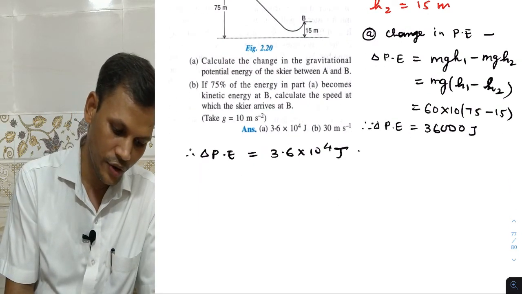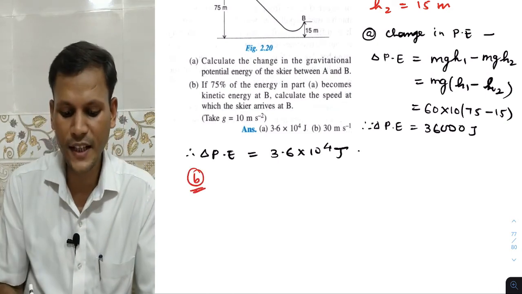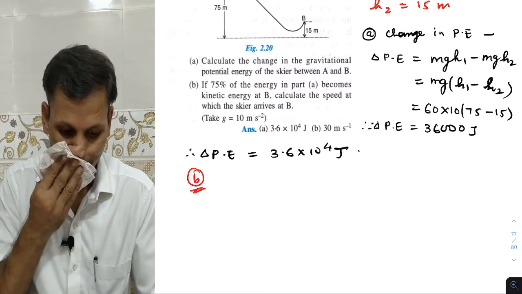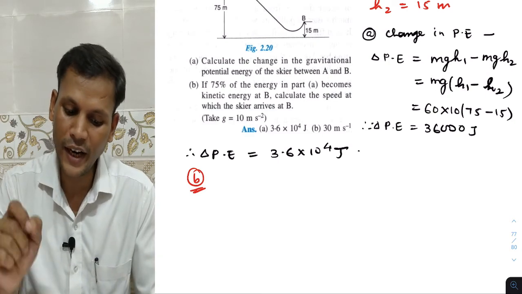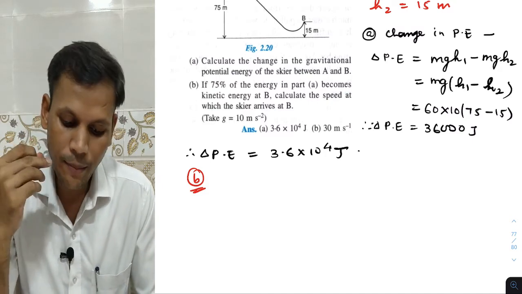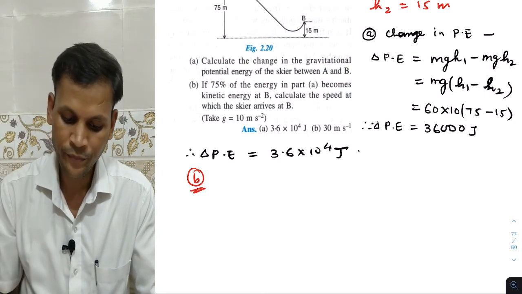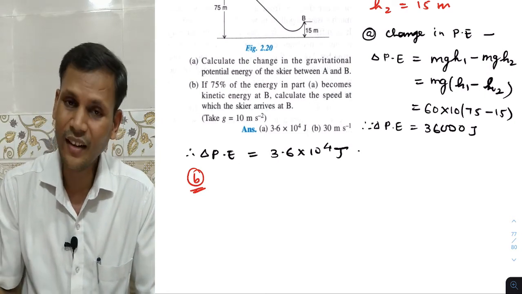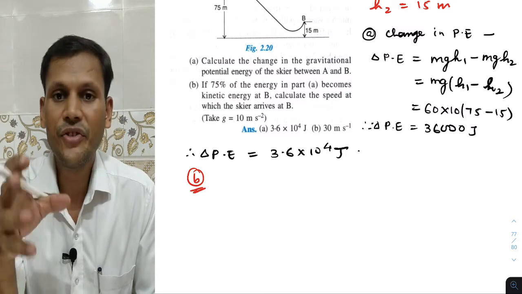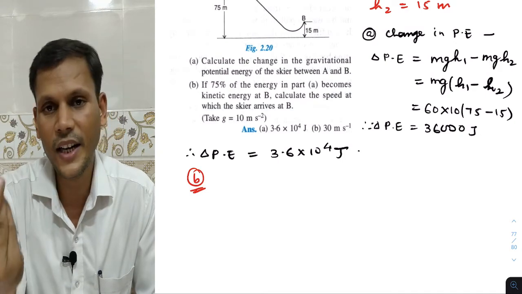Now we will discuss part B. What is part B? If 75% of the energy in part A becomes kinetic energy at B, calculate the speed at which the skier arrives at B. So again, according to the principle of conservation of energy, the change in potential energy will be in the form of kinetic energy.